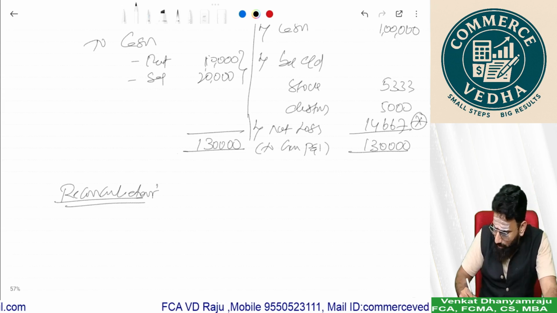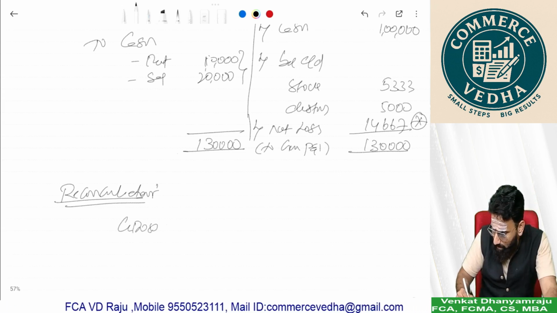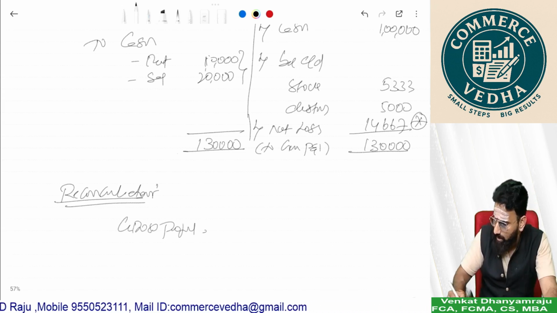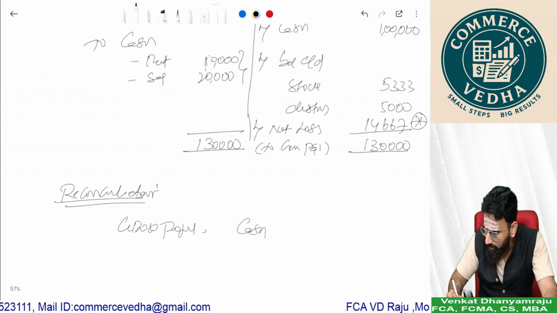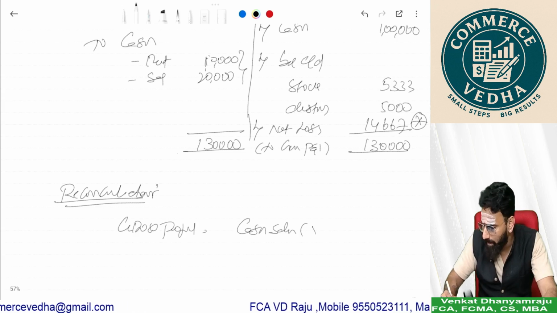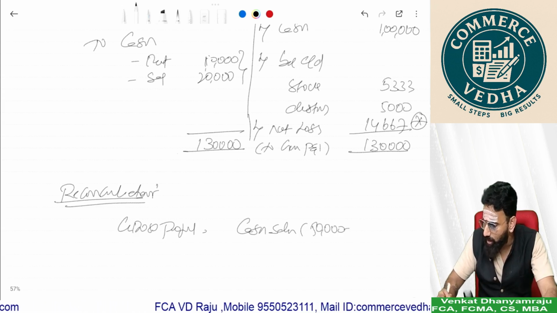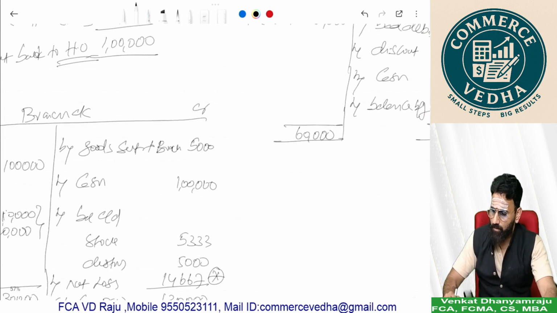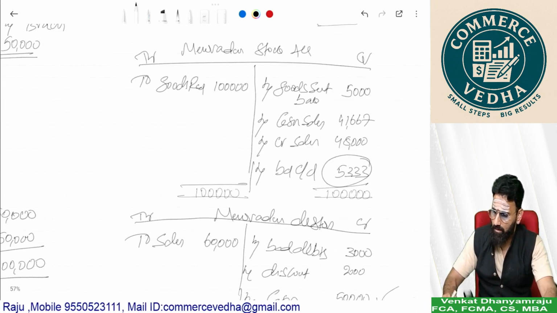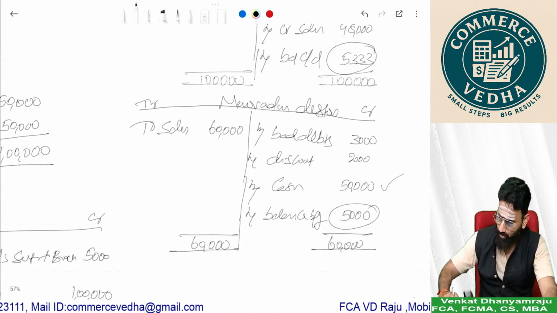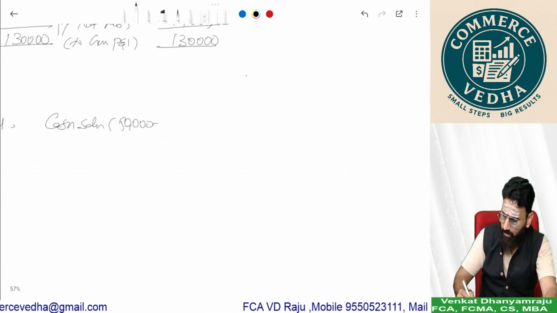I am first computing my gross profit. Cash sales, I made it 50, but the cost is 41,667. So I'm taking it here.